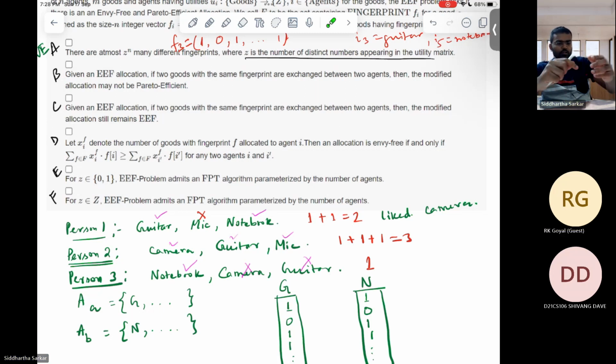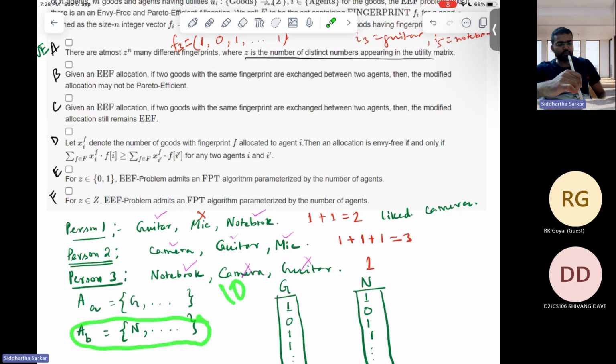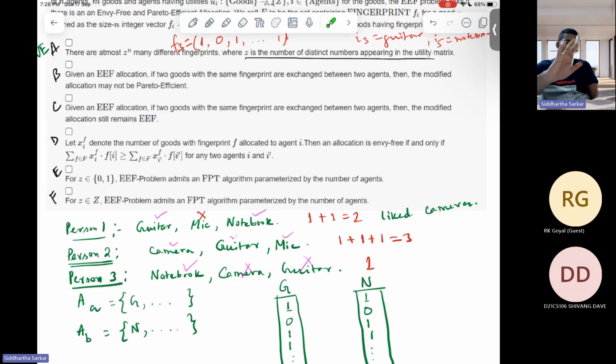So maybe the utility of agent A was 10. Now guitar is replaced by notebook, it is still 10. Similarly, the utility for, let's say, agent B was 12, it remains 12. So in case the utility of guitar and the notebook are binary, then there is no problem. And the Pareto efficiency will remain.